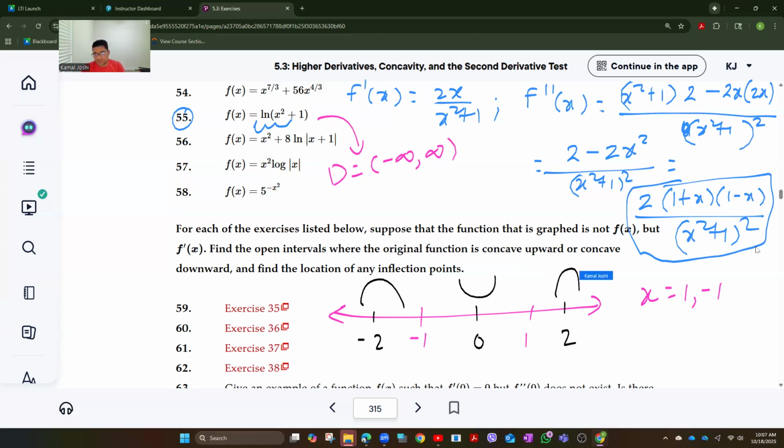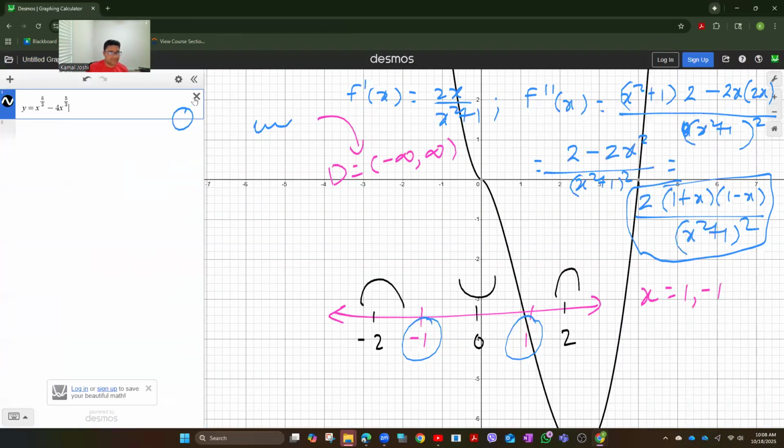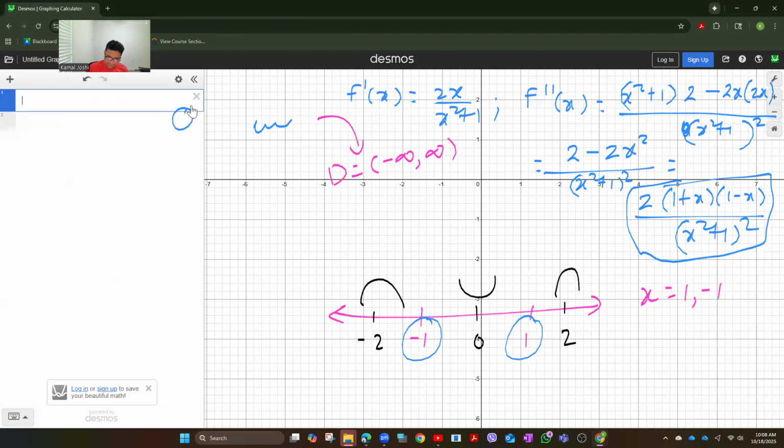So again, it looks like both minus 1 and 1 are inflection points. Concavity changes at both those points where the second derivative is 0. Why not look at the graph? That's the conclusion. I'm going to erase this.